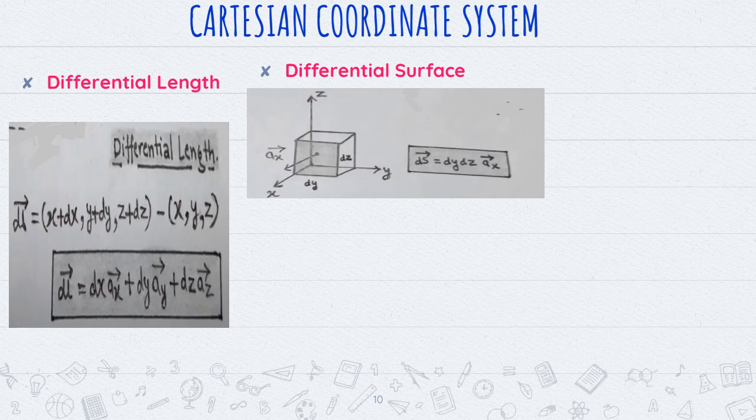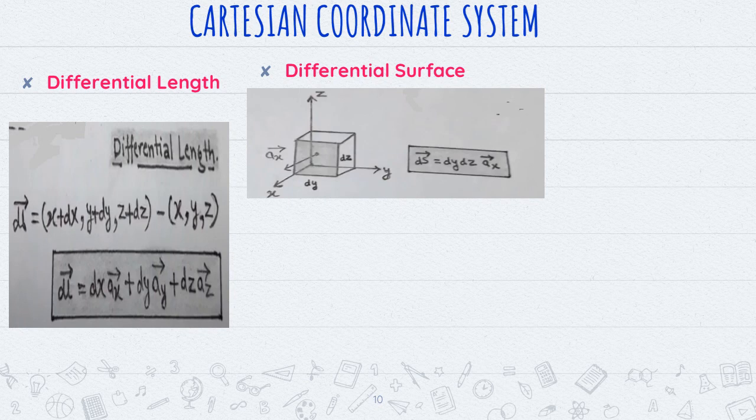The varying side, the changeable side, is the x direction, whereas x is perpendicular to dy and dz. Once again, I repeat, this ax vector is perpendicular to the ay and also the az direction. Therefore, we can write ds in the x direction as ds is equal to dy dz into ax vector. Similarly, we can write for ay vector and az vector.